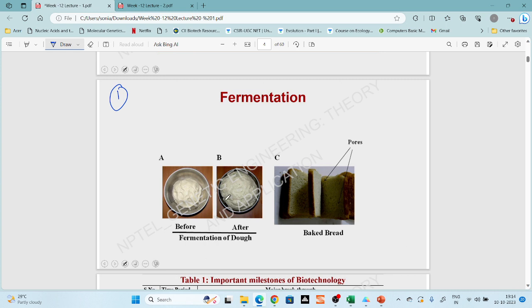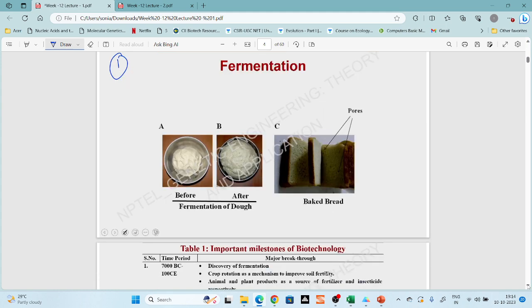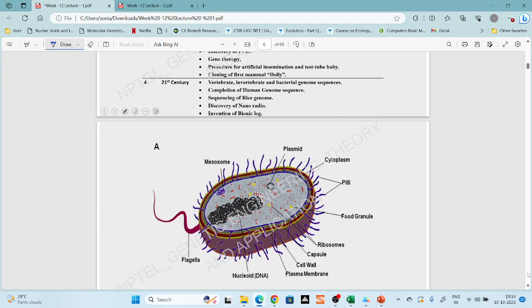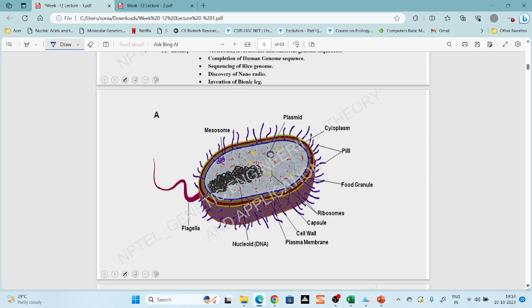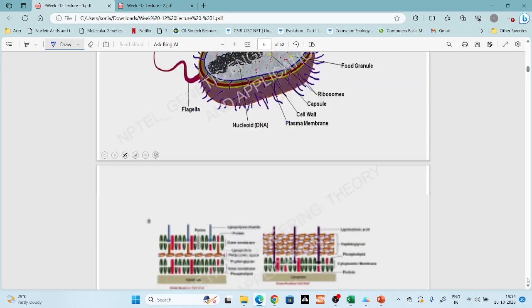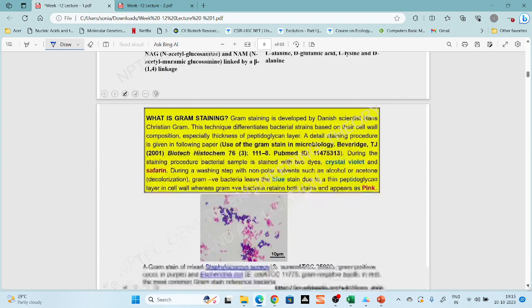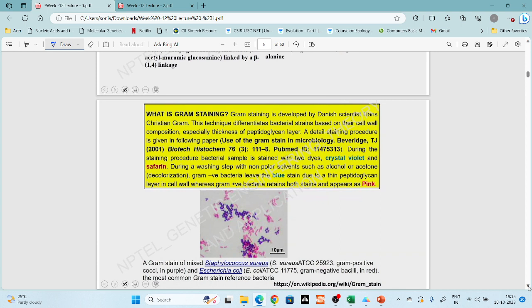So the basic principle of fermentation and baking that we have been using for many years, then some important milestones, these are all basics. Then come the basic organelles and structures, the plasma membrane structure of the prokaryotes and eukaryotes, and then gram staining, that is how you can differentiate between gram positive and gram negative bacteria with the help of gram staining.